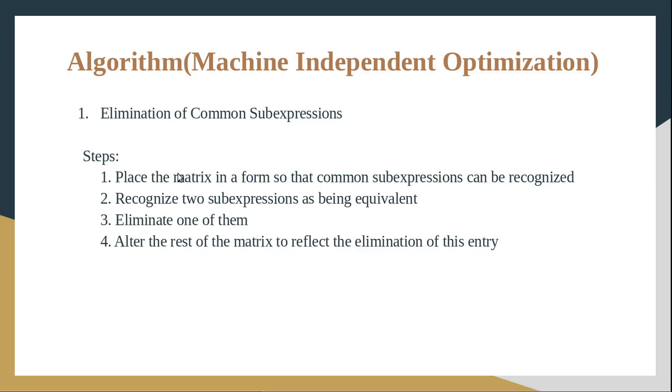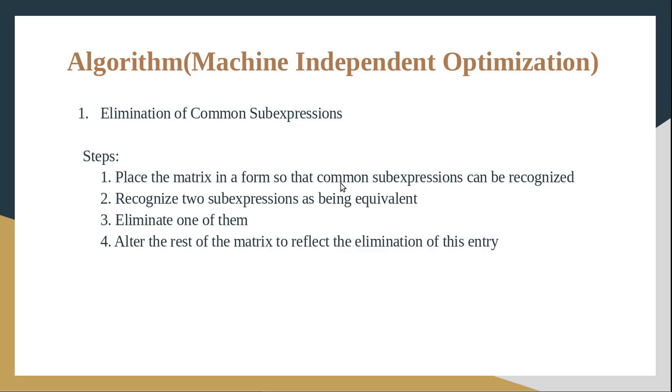That is the overall idea about the elimination of common sub-expression algorithm. We'll see what are the steps involved in this particular algorithm. The first one is we have to place the matrix in a form so that common sub-expressions can be recognized.